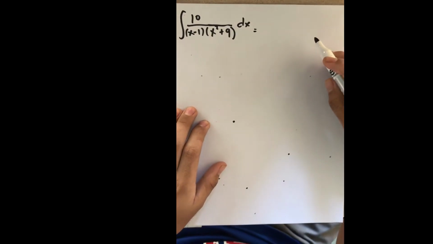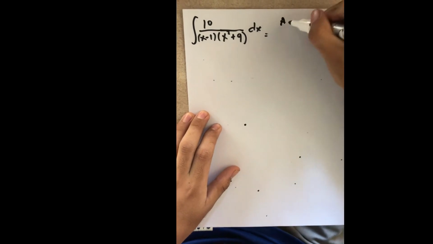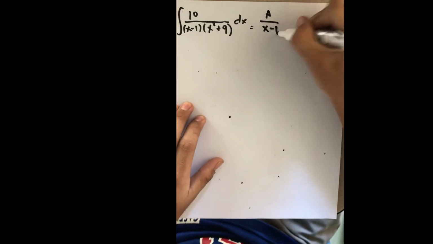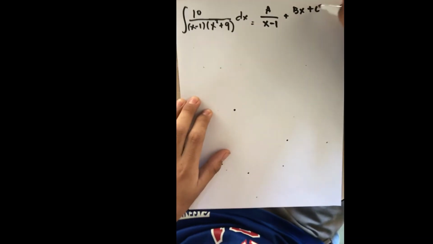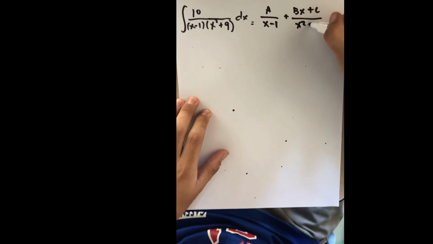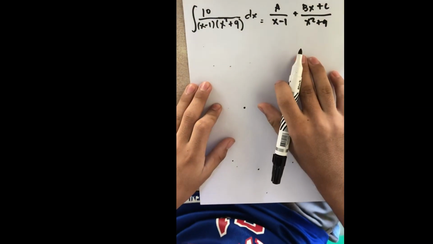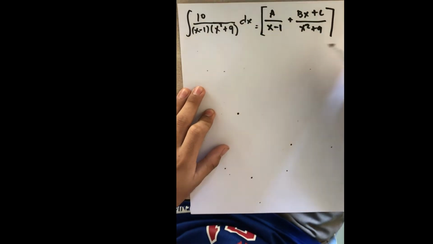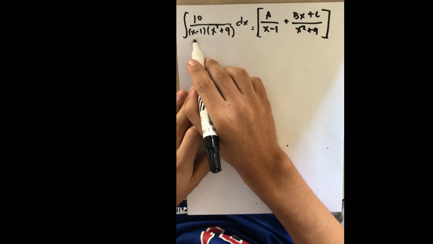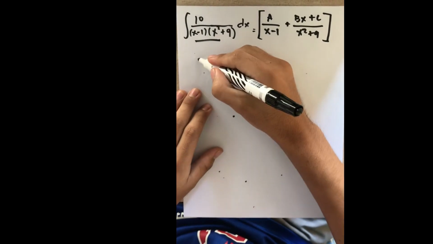Let's proceed to the next example. The integration of 10 over the quantity x minus 1 times the quantity x squared plus 9 dx. So let us follow the process of partial fraction decomposition. So a over x minus 1 plus bx plus c over x squared plus 9.